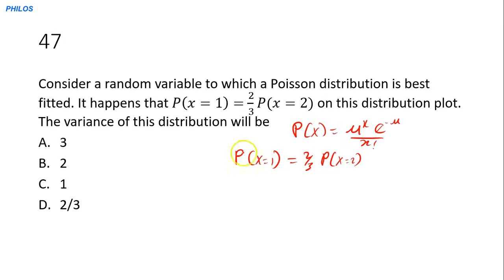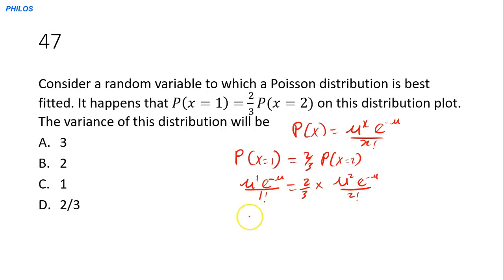Now what will be the probability of x is exactly 1? That will be mu exponent 1 times e exponent negative mu over 1 factorial, equals 2 over 3 times mu exponent 2 e exponent negative mu over 2 factorial.